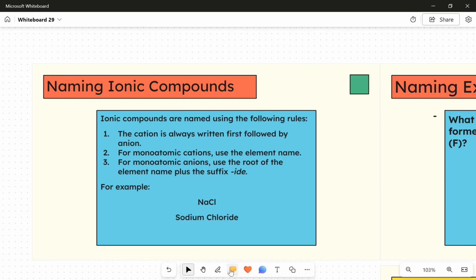The first rule is the cation is always written first, followed by the anion. Cations are positively charged and anions are negatively charged, and you can certainly figure that out by looking at the periodic table. But one strategy that I've found is effective for students when identifying the cation is whichever element is on the left side.